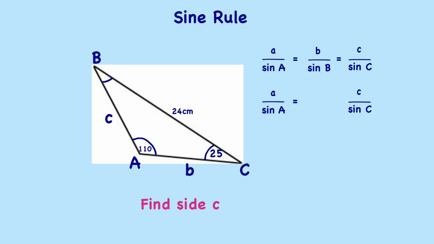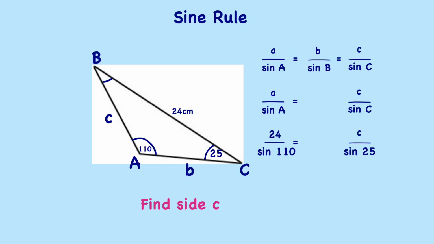So the first thing we do is we substitute in our values. So we have our angle A and our side a of 24, our angle C, and then we have our unknown c, which we're trying to find. So then we substitute them in. So we have 24 over sine 110 equals c over sine 25.